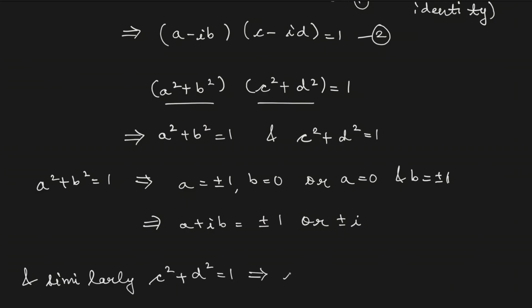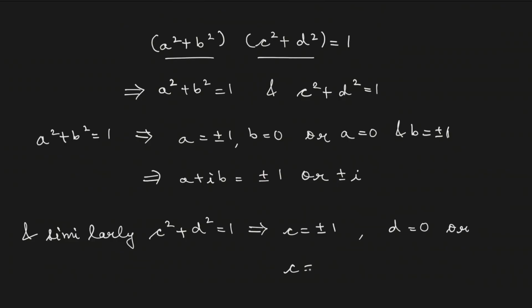This implies C is plus minus 1 and D is 0, or C is 0 and D is plus minus 1. So here also C plus iota D is equal to plus minus 1 or plus minus iota.